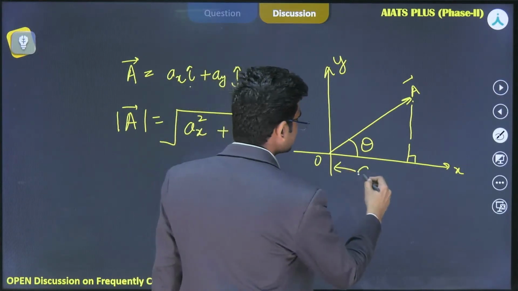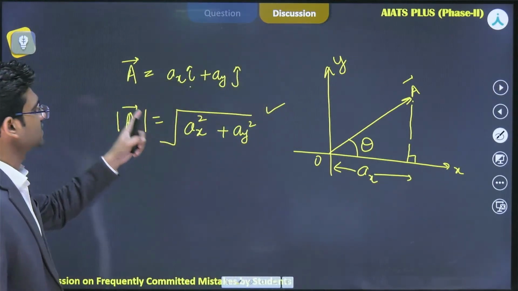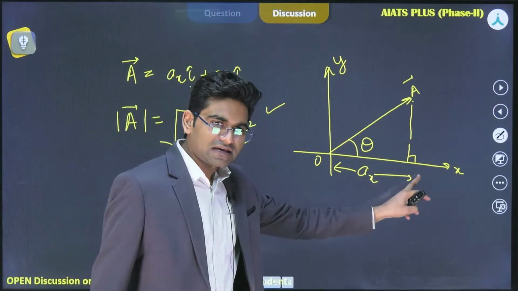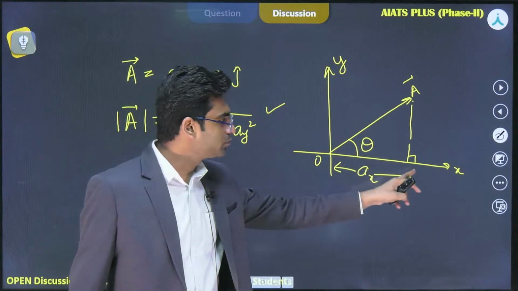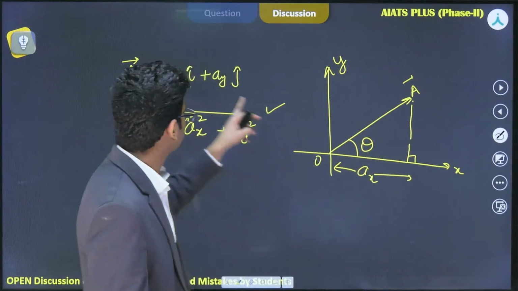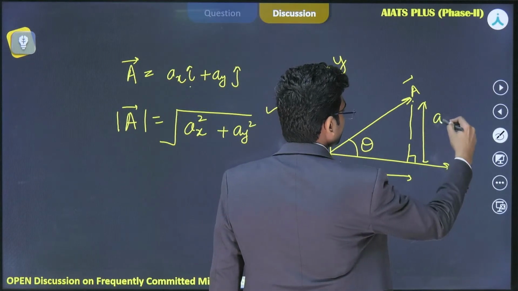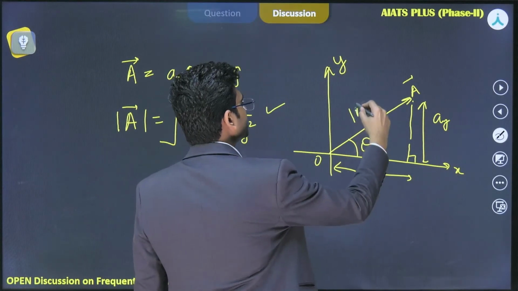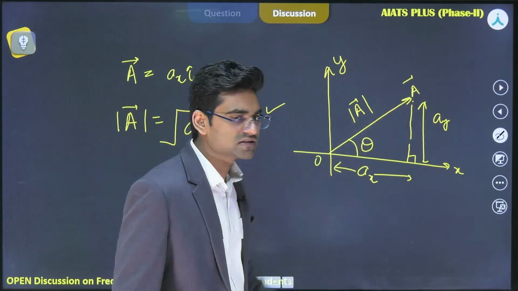This length is ax, obviously, because the component of this vector in x direction is given as ax, and the component in the y direction is given as ay. So this is ax and this is ay, and this is the magnitude of A, the length of this vector.